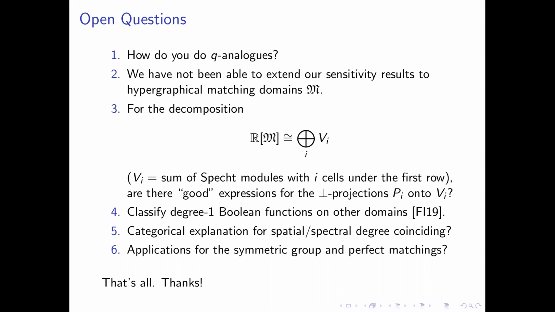So maybe, we have Ferdinand in the audience who's Mr. Q-analog, or at least a good finite geometer. So maybe he has some idea on how to do that. I won't put you on the spot though.